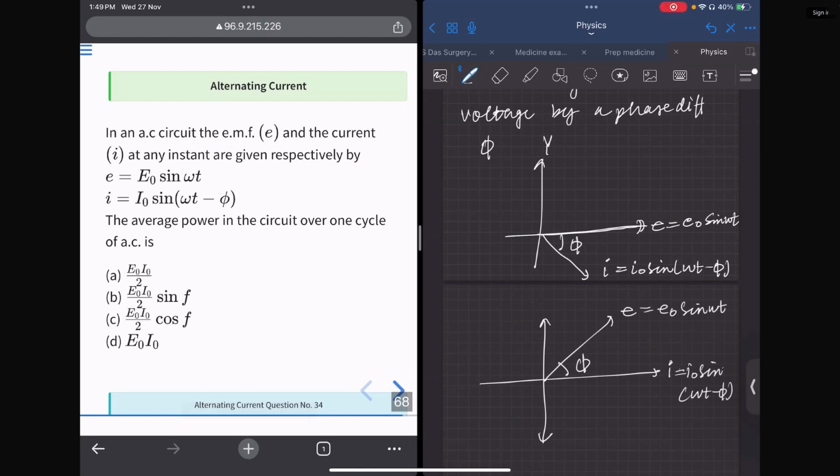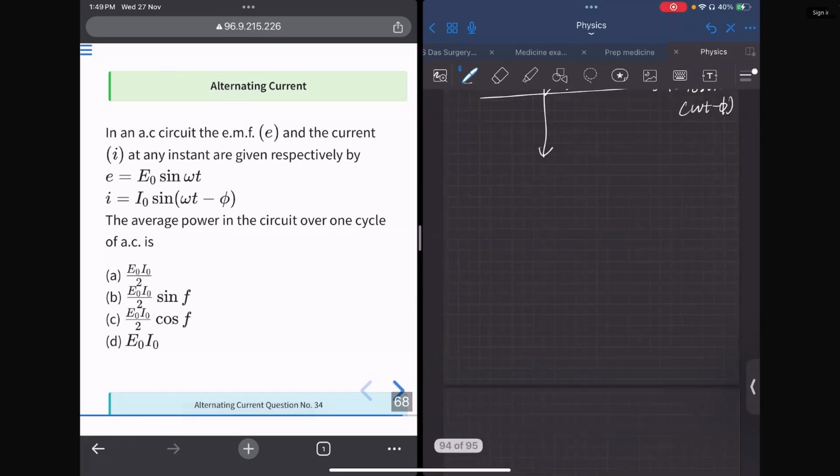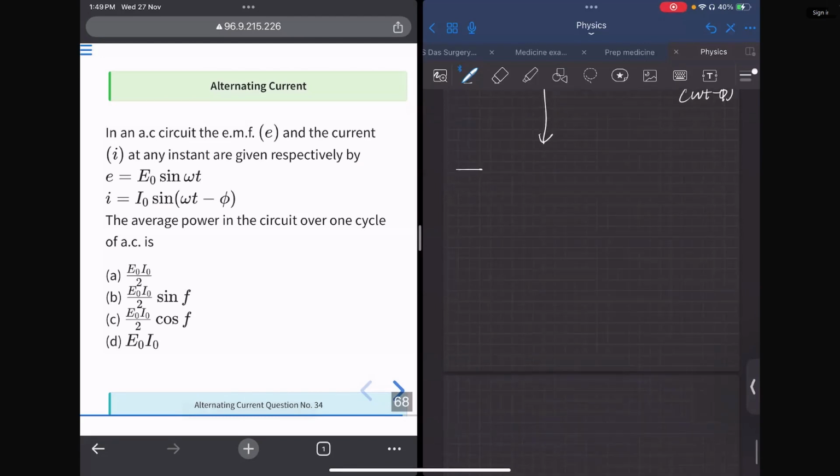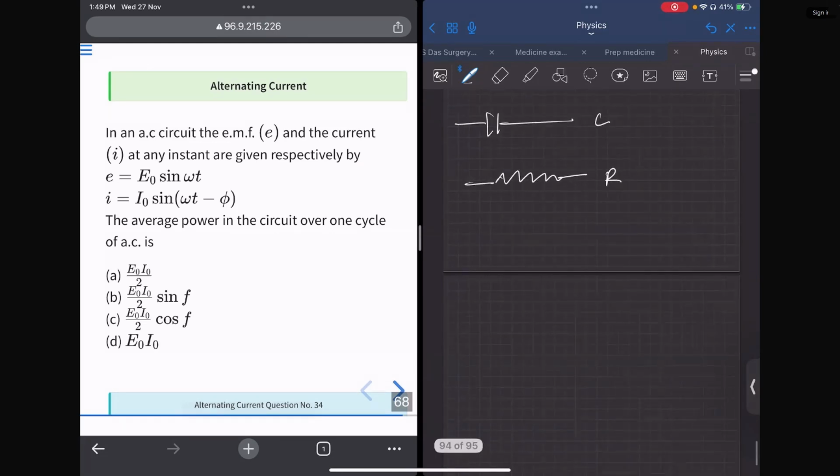L is the inductor, R is the resistor, and C is the capacitor. Mostly in this chapter we have combinations of these.